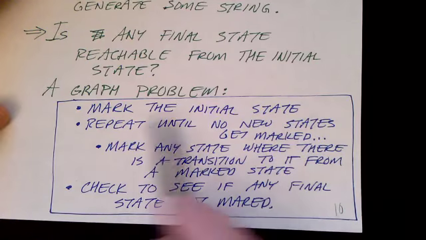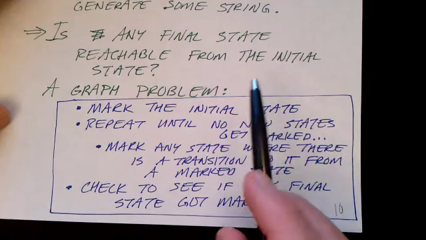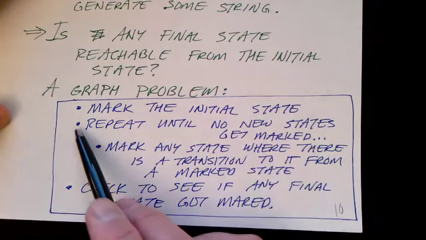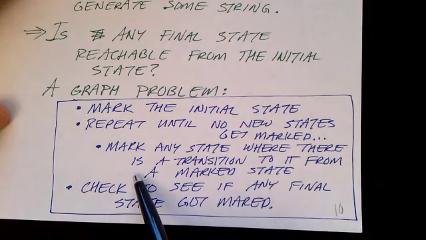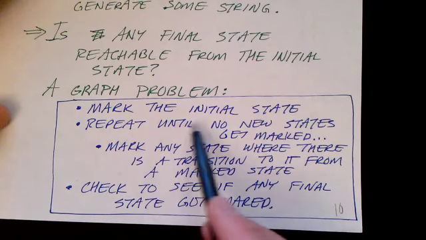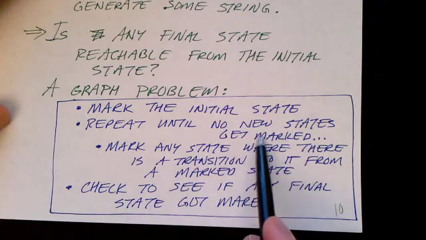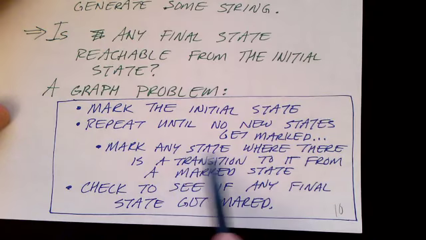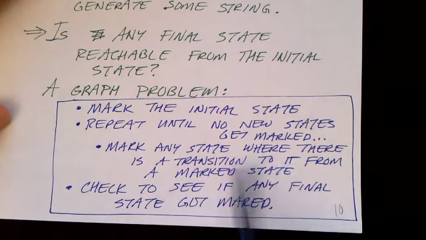So we're going to mark the initial state with a check mark, and then we're going to repeat in a loop this step until we can't do any further marking. We are going to mark any state where there's a transition to that state from a state that's already marked.